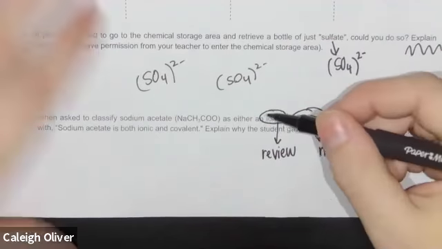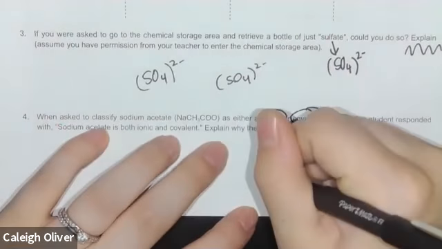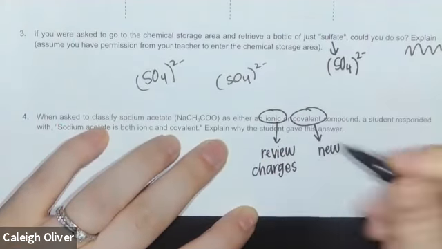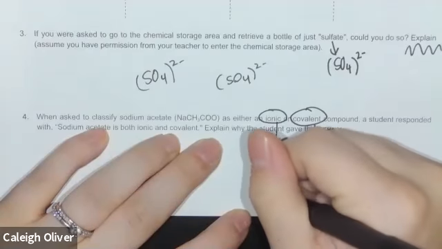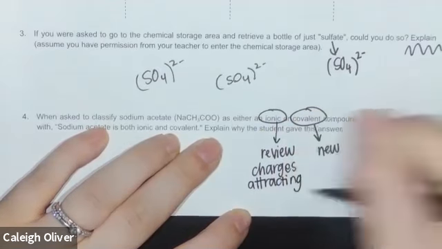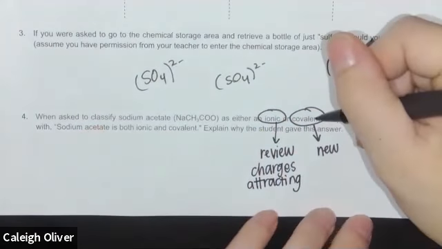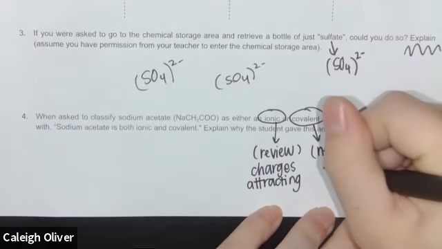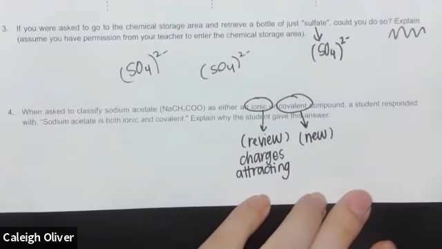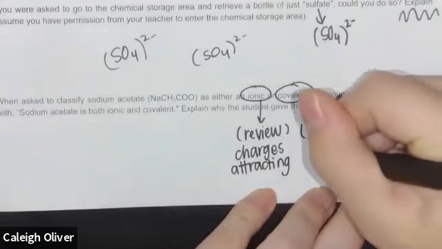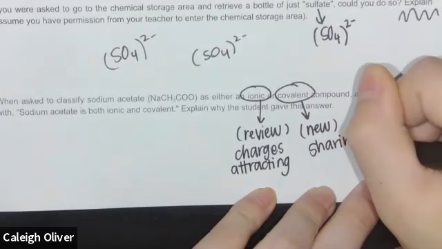So ionic compounds are the ones we've worked with so far. It's based on opposite charges attracting each other. Covalent, new stuff, is going to be where the atoms share electrons with each other.